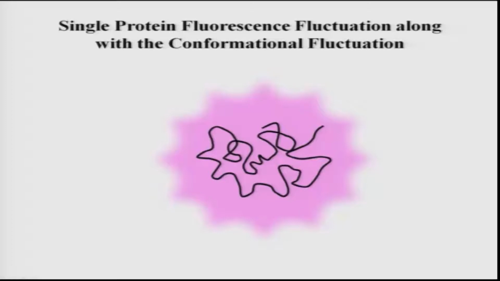Next, I would like to show you another advantage of single molecule spectroscopy by showing this type of reaction. So, here let me have a reaction, a substrate labeled with fluorophore.